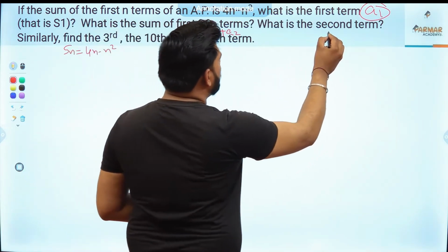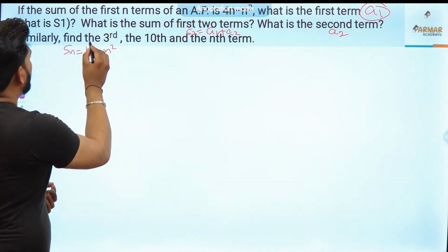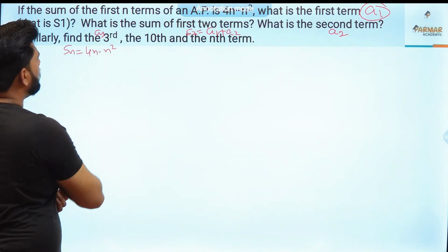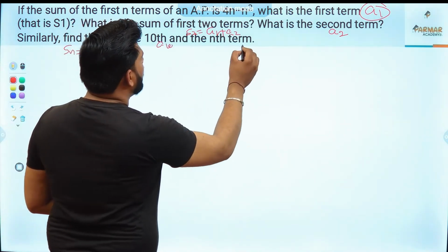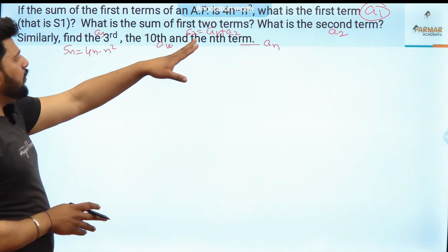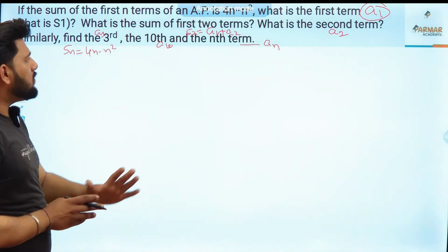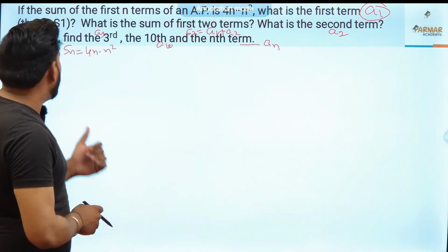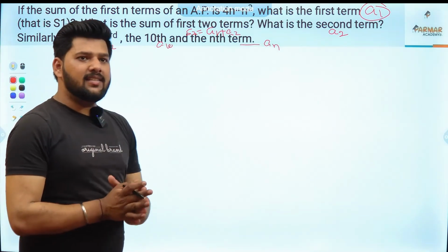The second term, we have to find A2 only. Similarly, the third term, A3. The 10th term, A10. And the nth term, An. So first we will find A1, then A1 plus A2, the sum of two terms, then the second term only, then the third term, 10th term and the nth term. A very easy and interesting question.